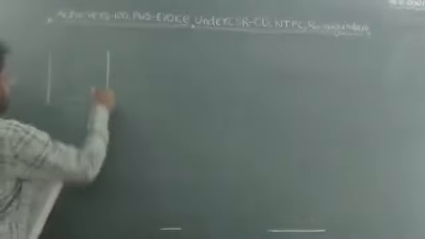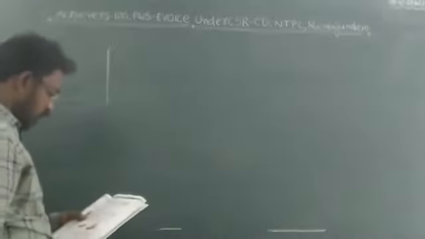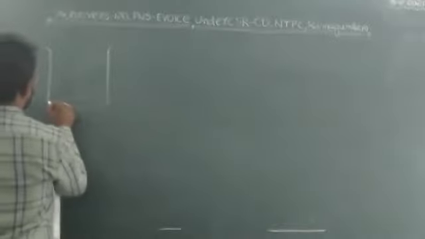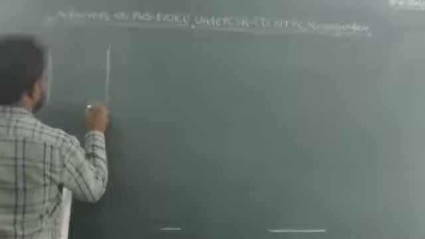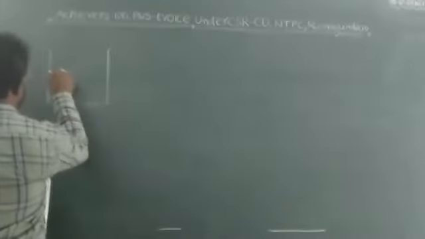Let us take this beaker in the shape of a cylinder. This is the diameter given, 7 centimeters.